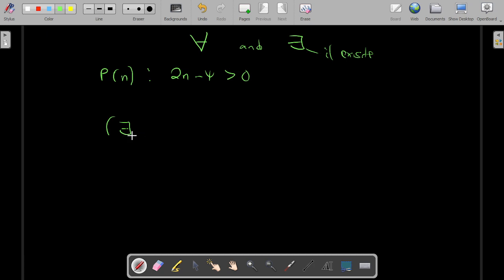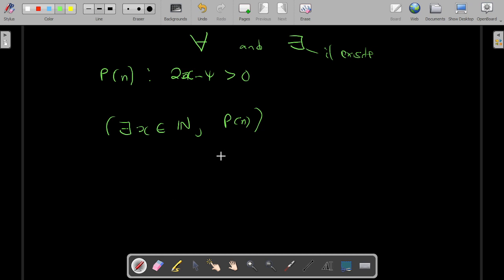So, il existe x dans N, such that P of x. For this one, if there is at least one x, or we can use n, just to make ourselves comfortable with everything. So, il existe x dans N, then we have P of x here.